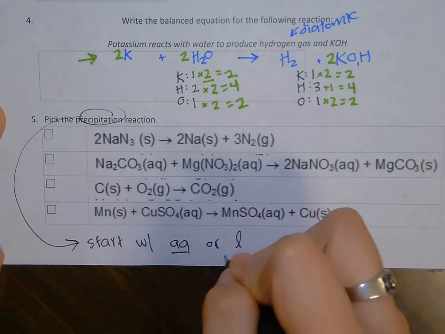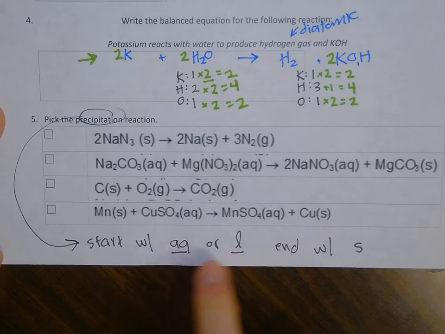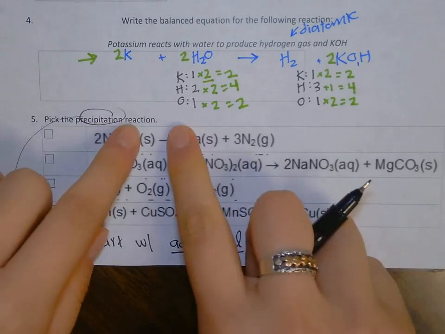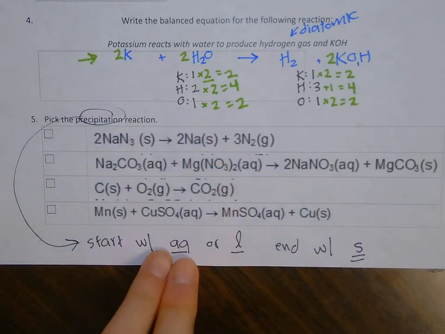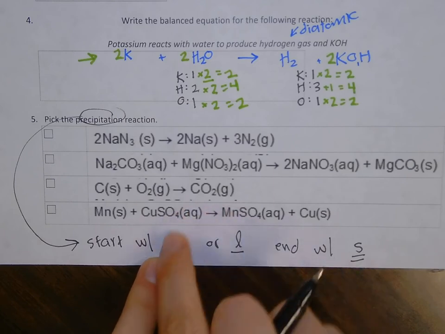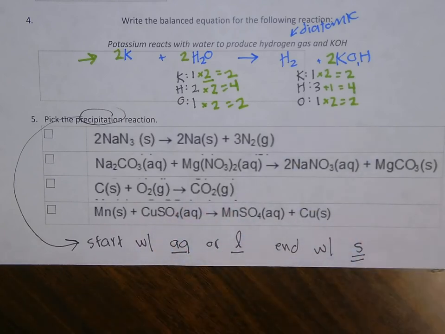So I start with aqueous and liquids, only these 2, and I have to end with a solid. So I'm going to go into each of my reactions and find which ones start with aqueous or liquid solutions in my reactants and end with a solid product.